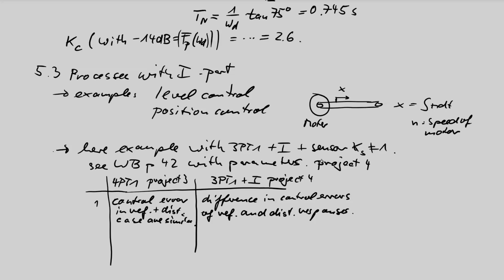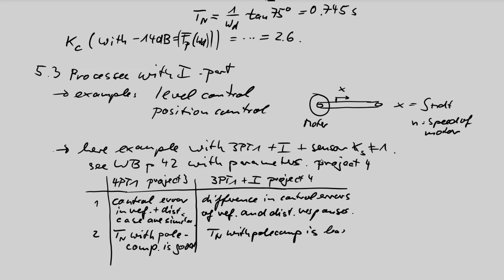Then, second difference between project 3 and 4 is Tn with pole compensation is good, and here Tn with pole compensation is not only bad, but dramatically leads to an unstable loop.